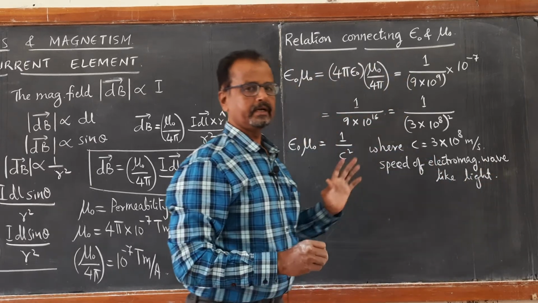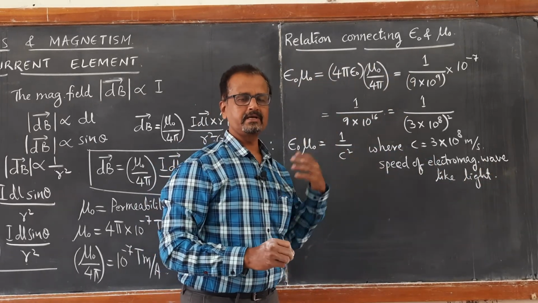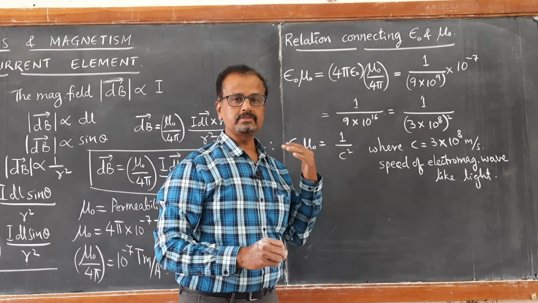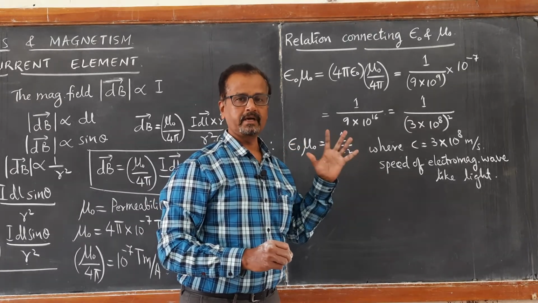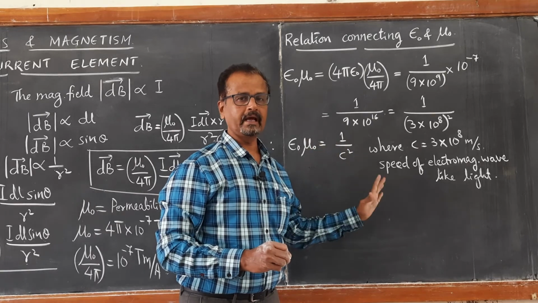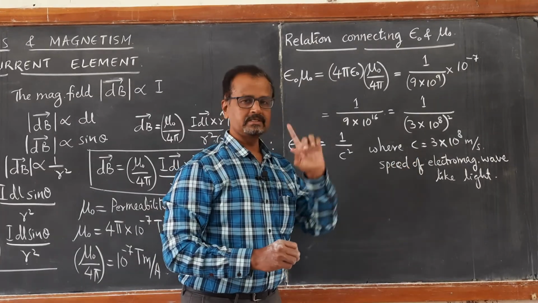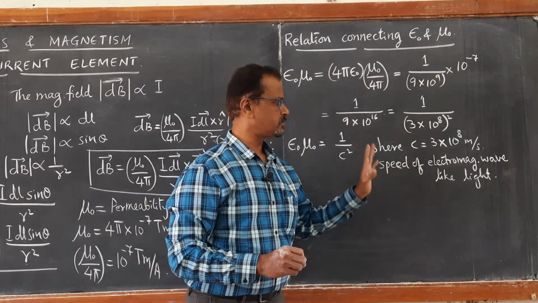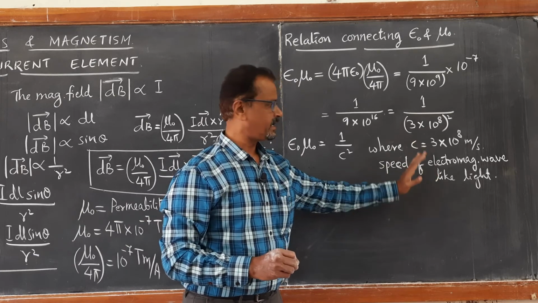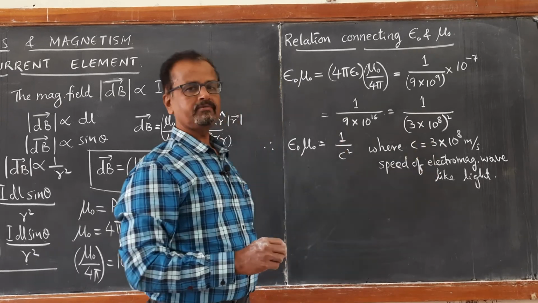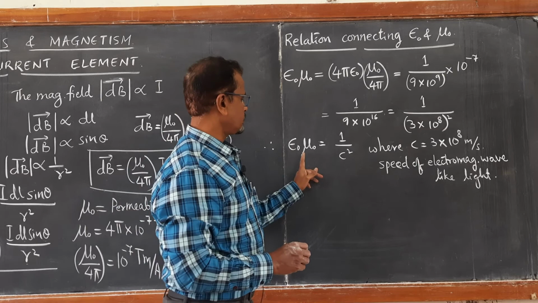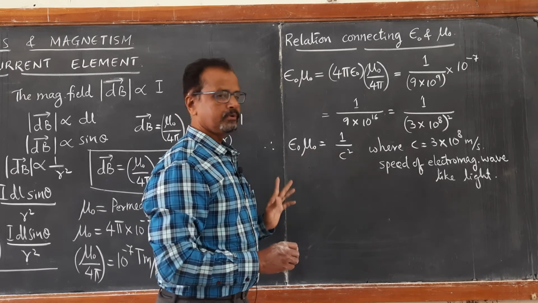All the electromagnetic waves, whether X-rays, gamma radiations, ultraviolet radiations, infrared radiations, microwaves, radio waves, and even light, all travel with the same speed, called the speed of electromagnetic wave or speed of light, which is 3 into 10 to the power of 8. Therefore, epsilon naught into mu naught is equal to 1 upon c square.